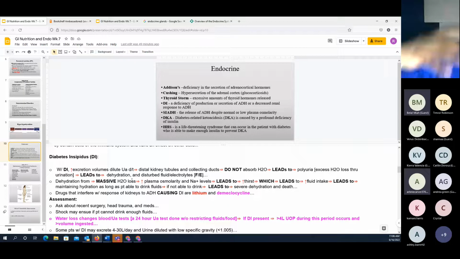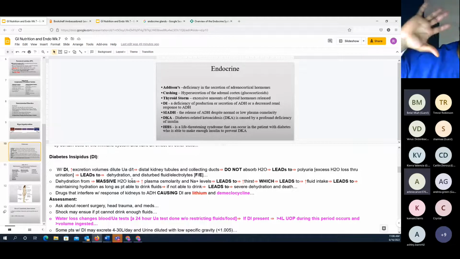And it can be at the pituitary level, but it can also be at the kidney level. When I say the kidney level, I mean that even though the posterior portion of the pituitary gland is producing enough ADH, the kidneys may not be responding to it because whatever the reason is, right? And so if it doesn't respond to ADH, then these patients could keep urinating, right?